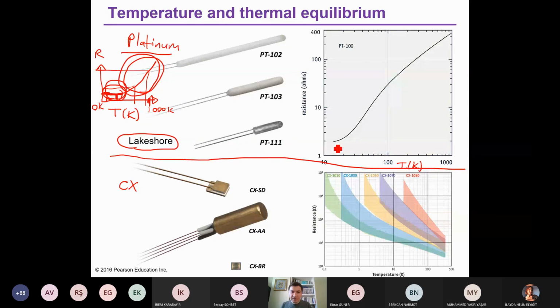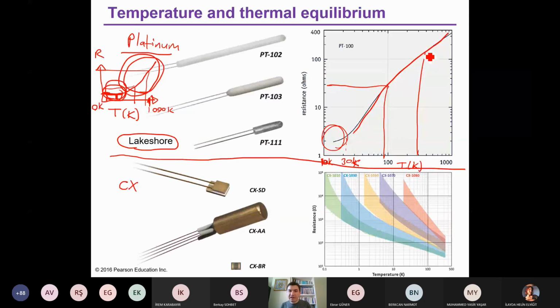What do you see here? This is, let's say, around 30 Kelvin, something like this. And here you see 10 Kelvin, okay? And in this region, the platinum sensor is not sensitive to the temperature changes, but at high temperatures, they are very sensitive to the change in the temperature.